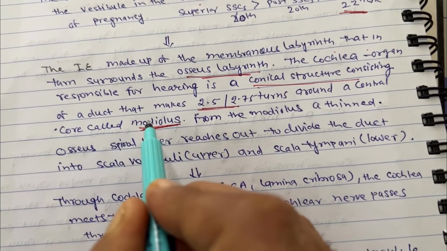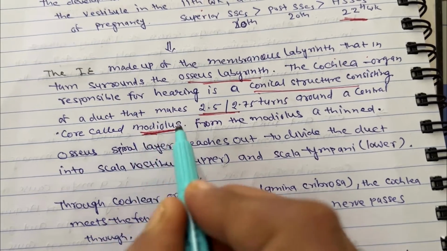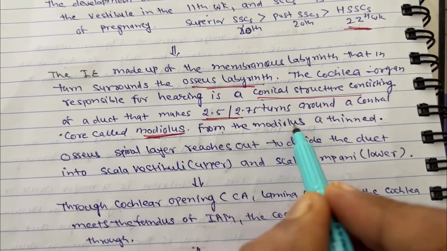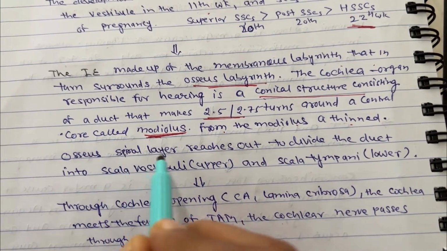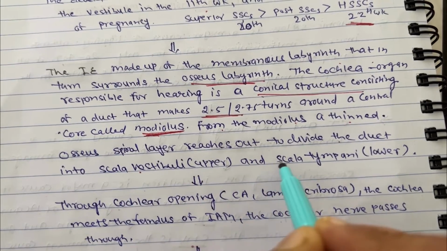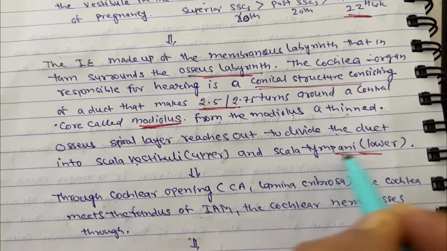The central core around which the cochlea turns is called the modiolus. From the modiolus, a thin osseous spiral lamina reaches out to divide the duct into the scala vestibuli and scala tympani.